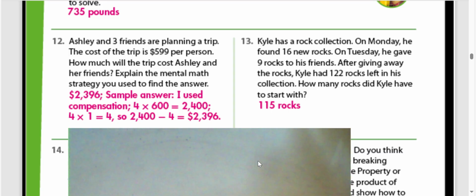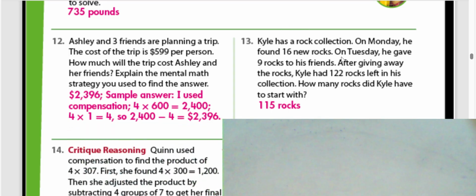Next question. Kelly has a rock collection. On Monday, he found 16 new rocks. On Tuesday, he gave 9 rocks to his friends. After giving away the rocks, Kelly had 122 rocks left in his collection. How many rocks did Kelly have to start with?